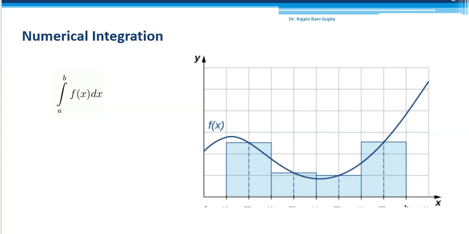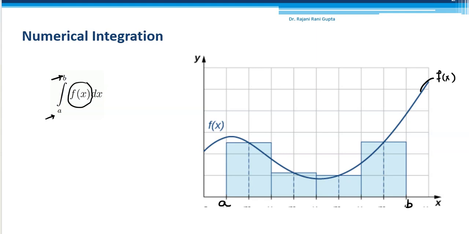Okay, so in this integral from a to b, a is the lower limit and b is the upper limit of the function f of x. So this is the graph of your function f of x, and your interval of integration is from a to b.